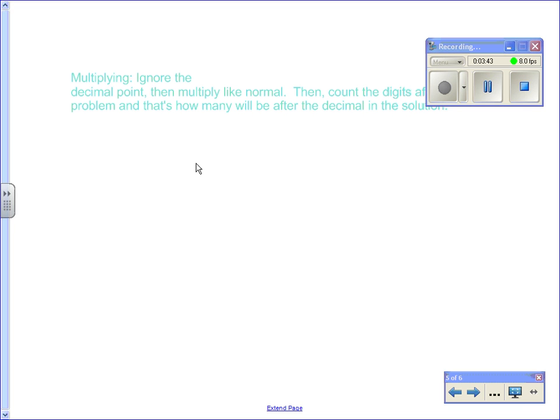As soon as you see the problem, say 0.65 times 3, I know there are 2 digits after the decimal in the problem. So no matter what my answer is, it's going to have 2 digits after the decimal in that solution.